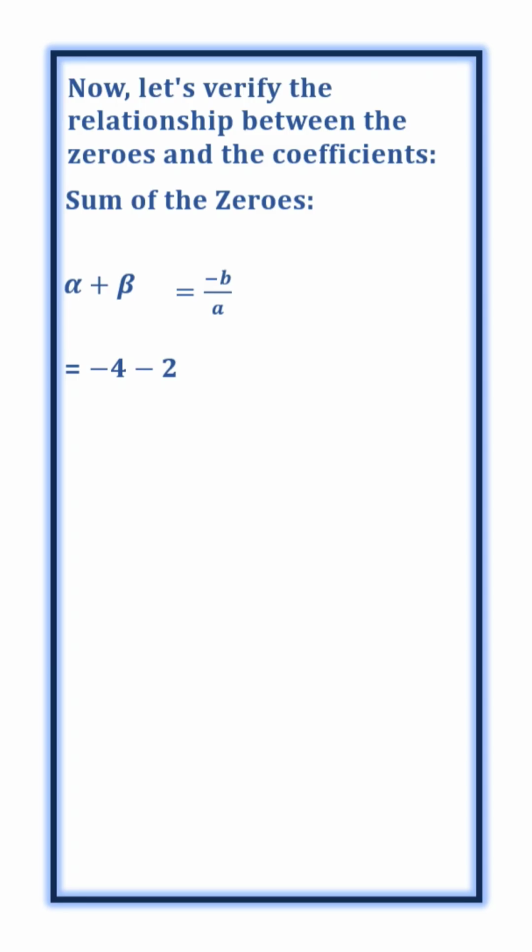Negative of 4 plus negative of 2, that is alpha plus beta, is equal to negative of 6. Here negative of b is negative of 6, a is 1, which is equal to negative of 6. So alpha plus beta is equal to negative of b by a.